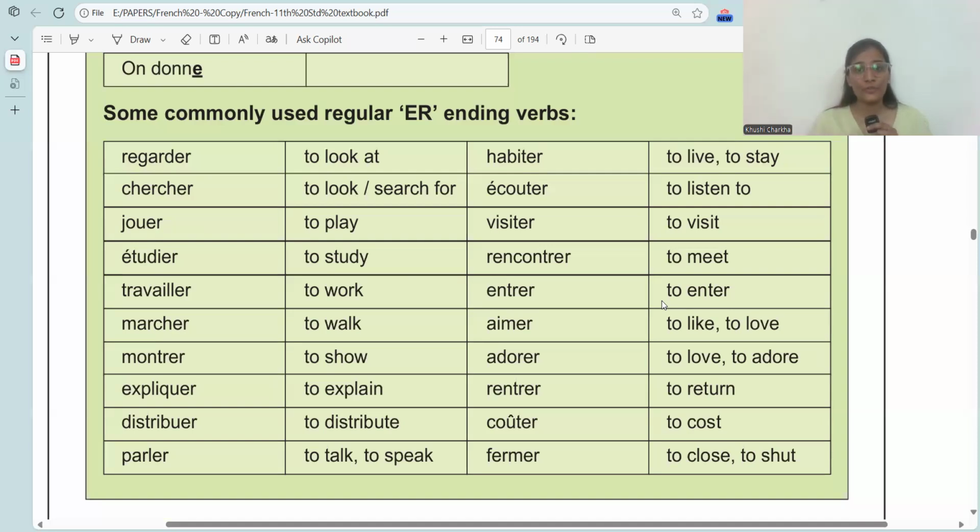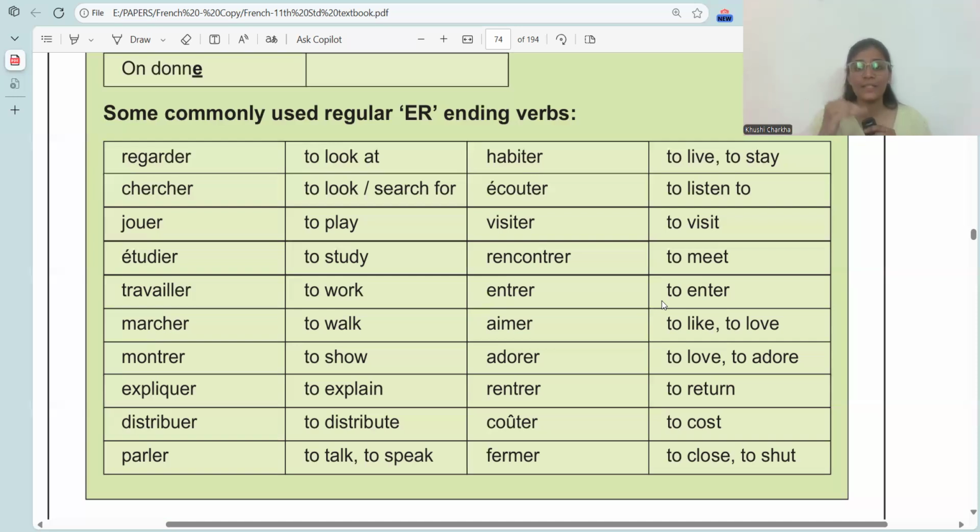Take the last page of your notebook, write today's date, write ER ending verbs, then copy down this list. Then come to the front side again and write the topic heading, ER ending verbs. Step 1, take the infinitive form, the main form. Step 2, remove the ER. What remains?